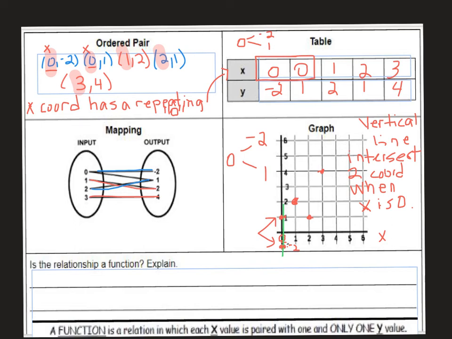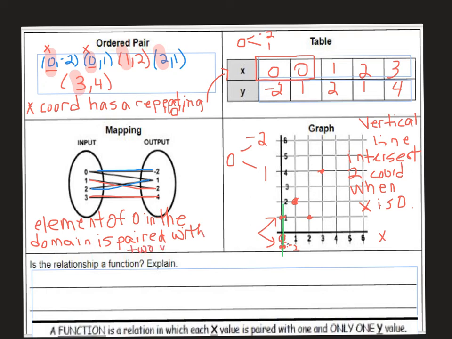Again, you can see in your mapping diagram as well that the element of 0, right, an element in the domain, so the element of 0 in the domain, or just using my vocabulary, is paired with two values in the range, is paired with two elements or two values, right, in the range, which is the set of all y values.